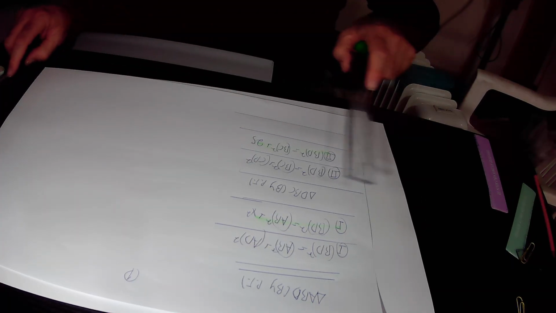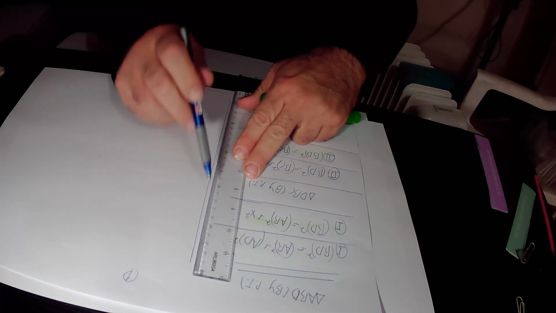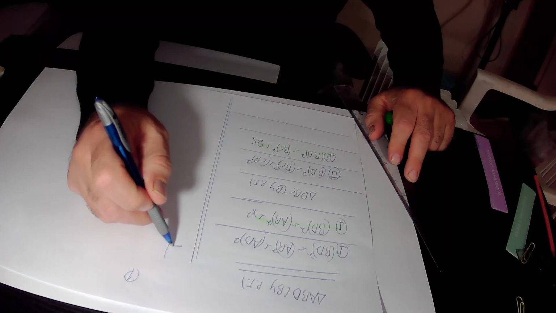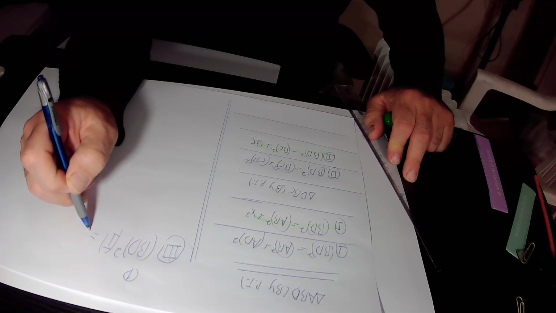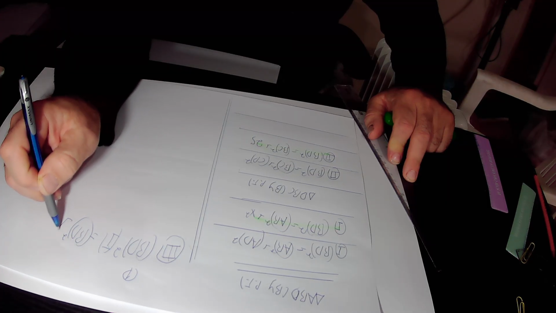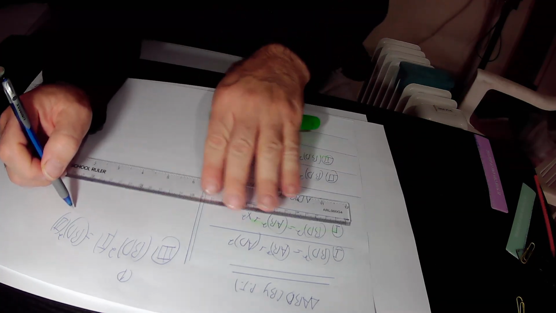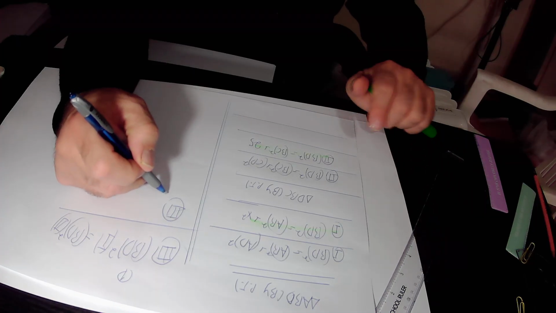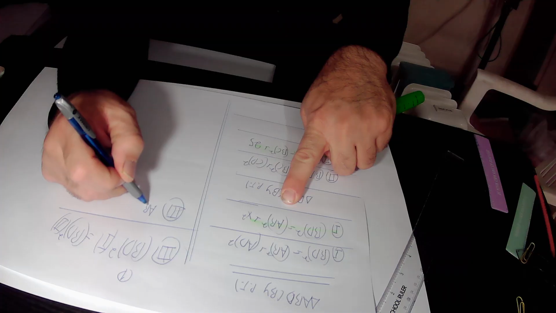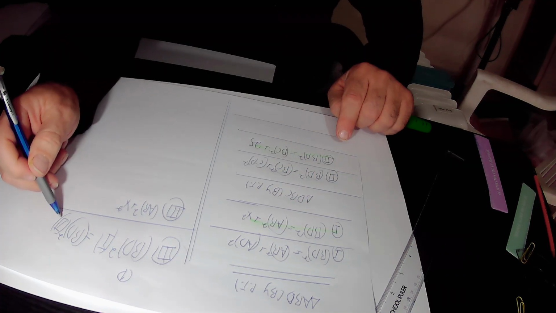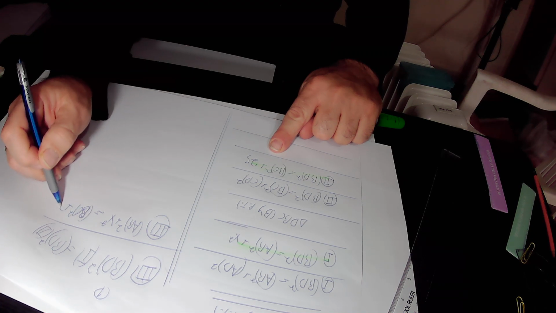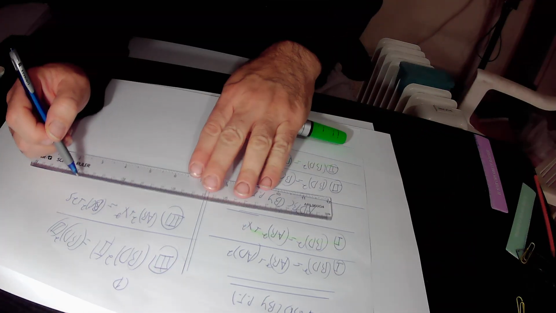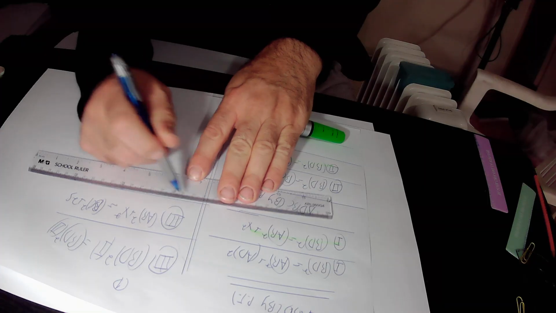So AB squared plus x squared equals BC squared plus 25. This is equation 3.